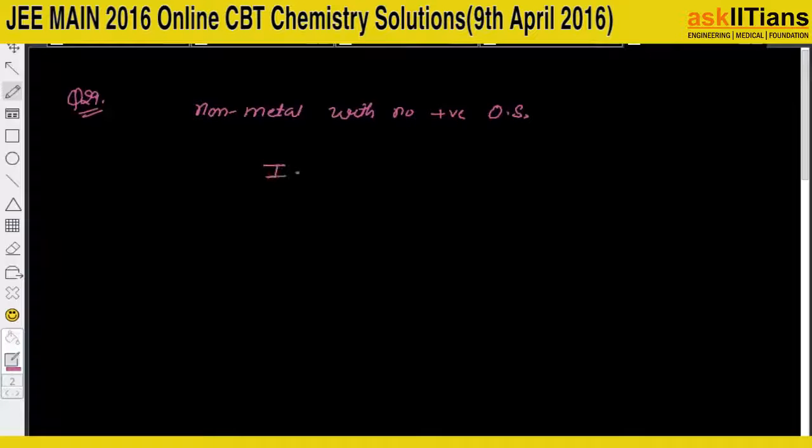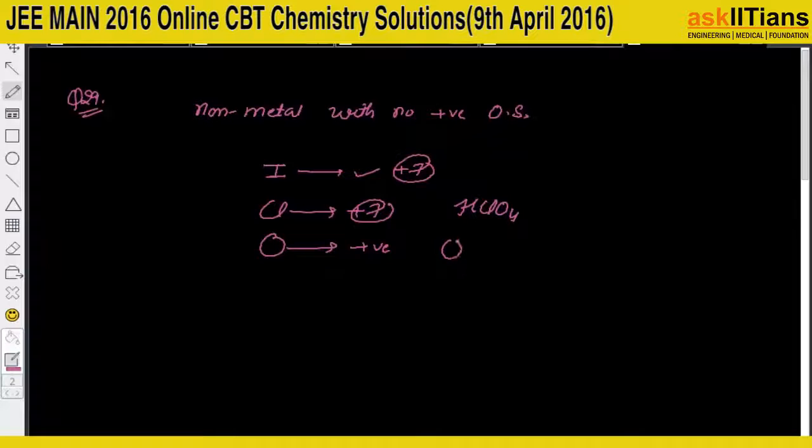We know that iodine can exist in +7 oxidation state in its compounds with oxygen. Similarly, chlorine also exists in a maximum +7 oxidation state, like in the compound HClO4. Oxygen also exists in a positive oxidation state, for example in OF2. Here X minus 2 is 0, so X is equal to +2, because fluorine is more electronegative.